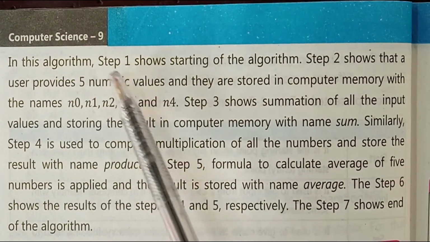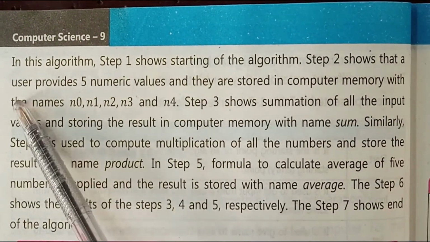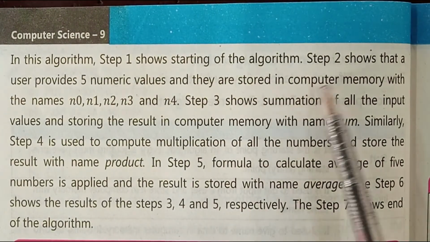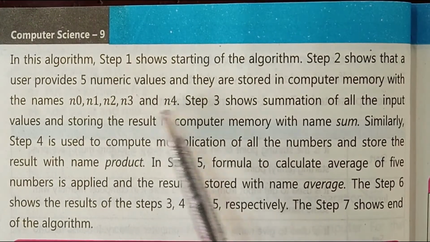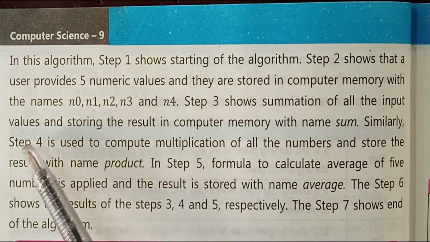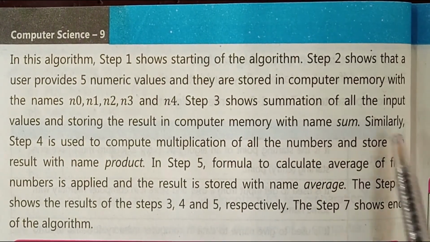In this algorithm, step 1 shows starting of the algorithm. Step 2 shows that a user provides 5 numeric values and they are stored in computer memory with the names n0, n1, n2, n3 and n4. Step 3 shows summation of all the input values and storing the result in computer memory with name sum.